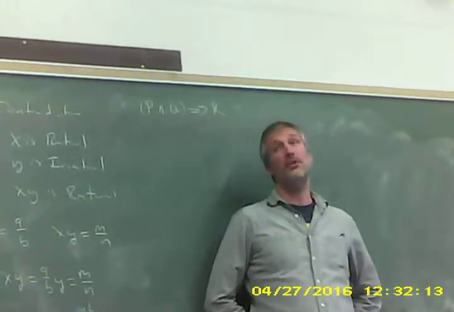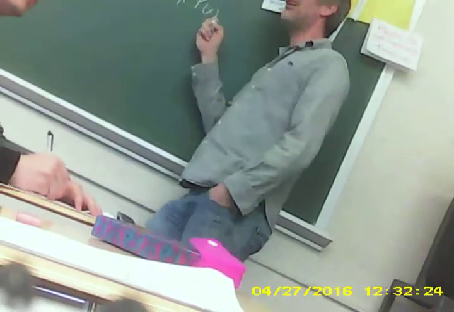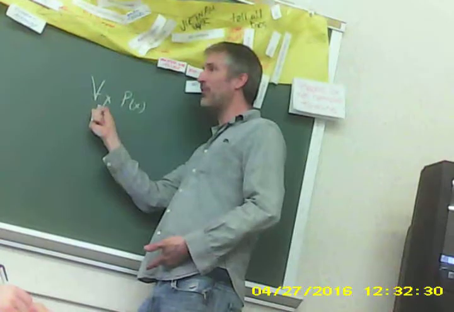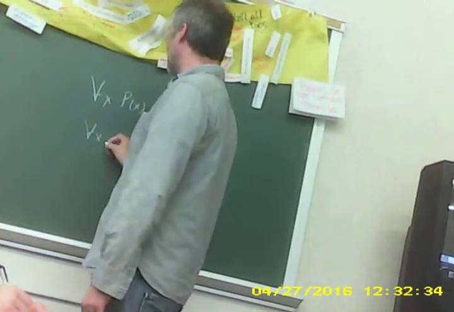What we typically would do there, and I'll come over here as a reminder, back when we first saw quantified statements, for all x, p of x, if we wanted to show this, our technique was to pick an arbitrary x.